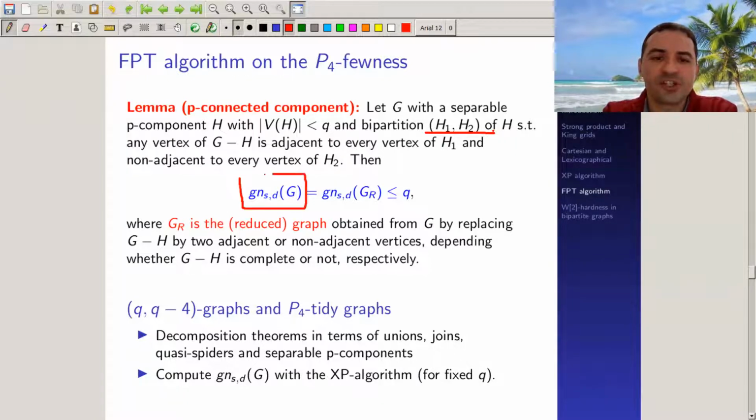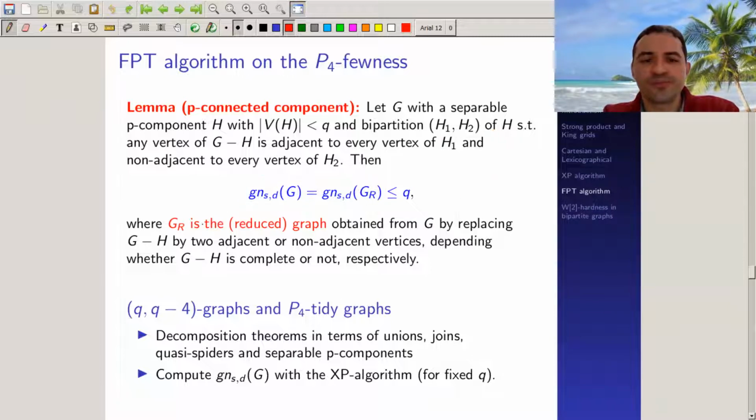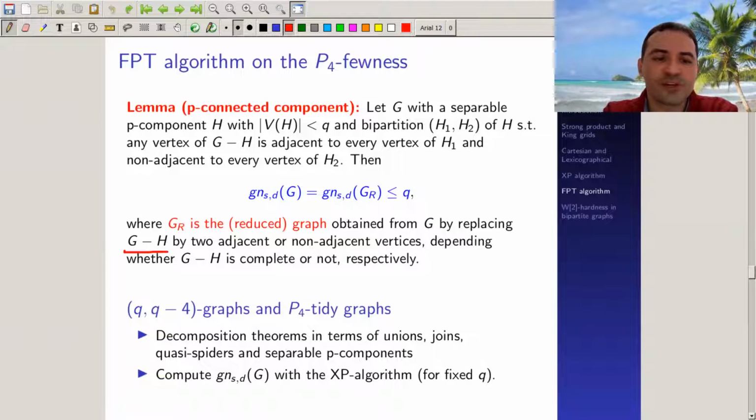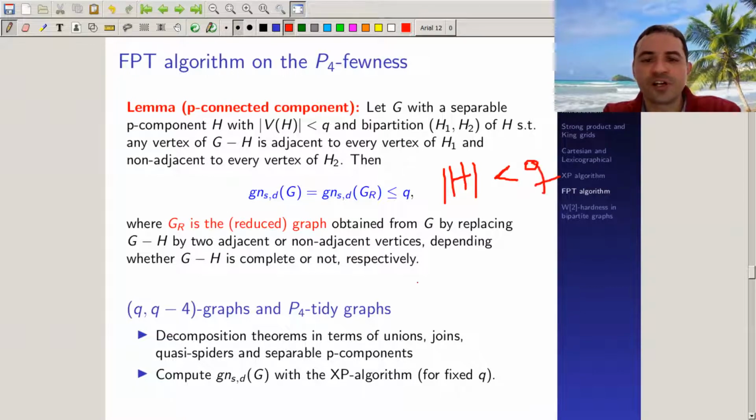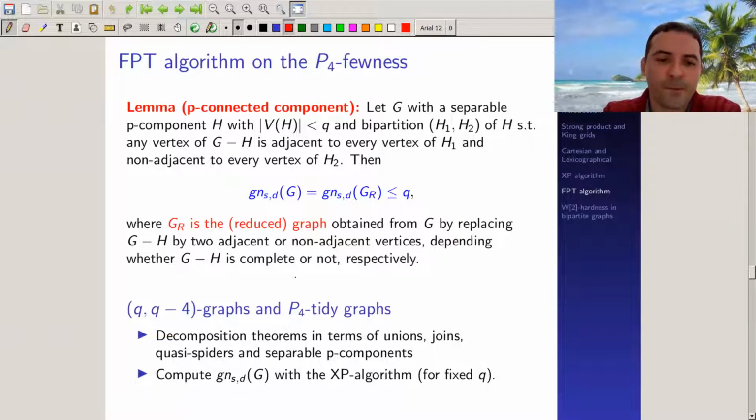Then the guard number of G is the guard number of the reduced graph GR, which is at most q, where GR is the reduced graph obtained from G by replacing G minus H by 2 adjacent or 2 non-adjacent vertices, depending on whether G minus H is complete or not. Since H has at most q vertices, GR has at most q+1 vertices.